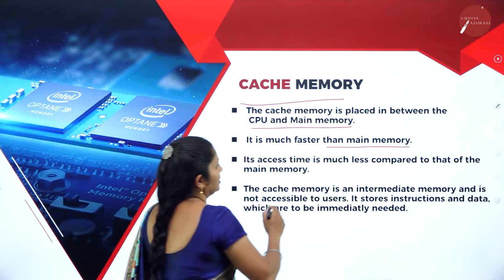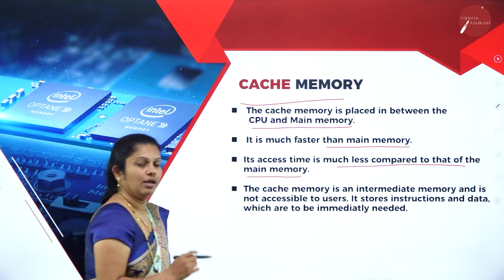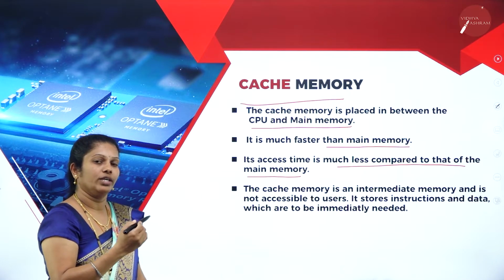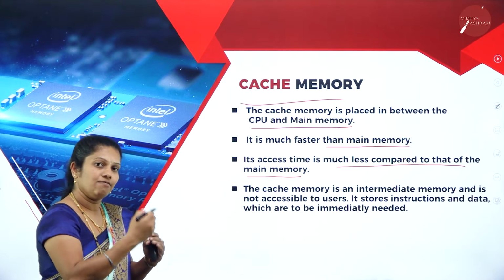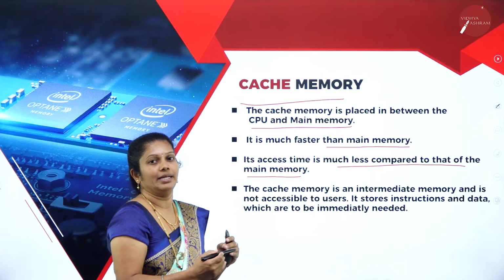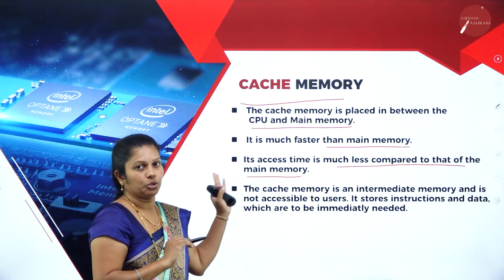Its access time is much less compared to that of main memory. The time consumed to access the data in the cache memory is very little compared to main memory. It is very fast, but it stores data only temporarily.